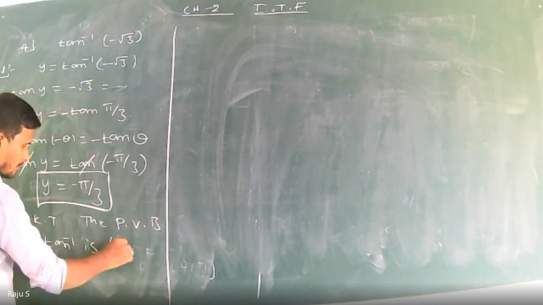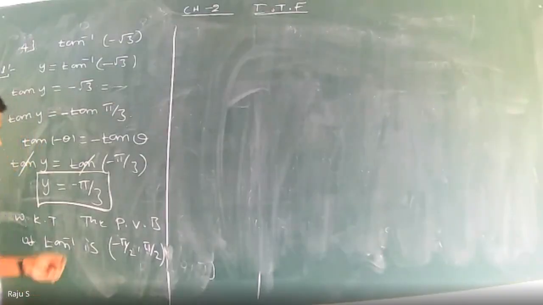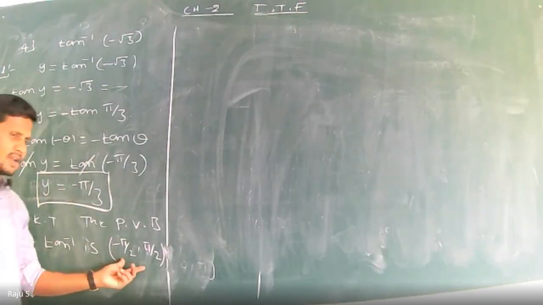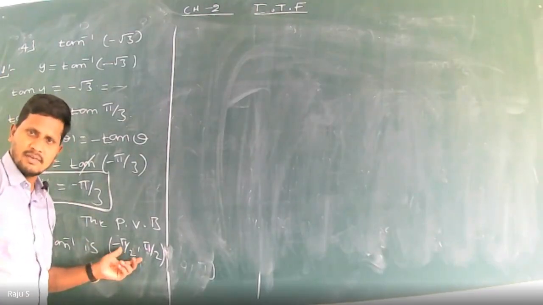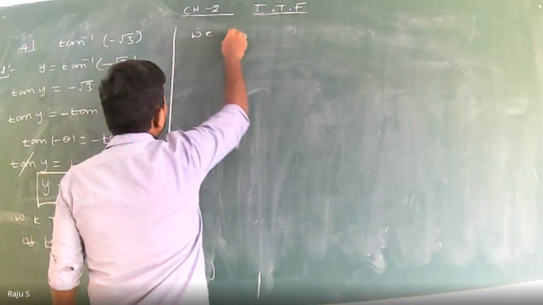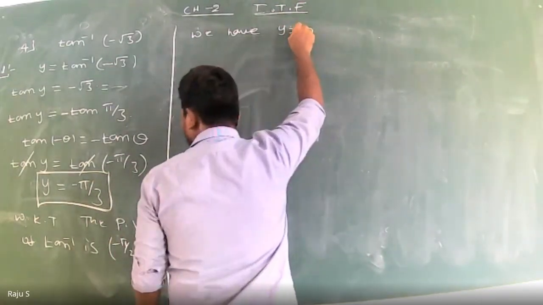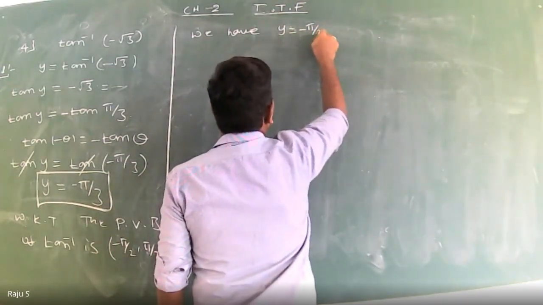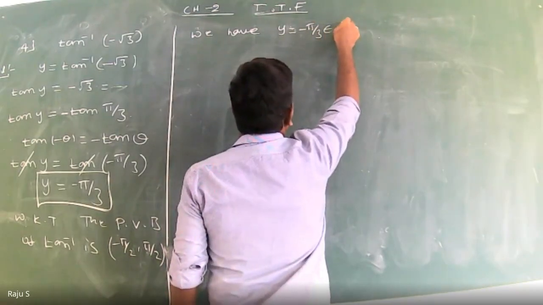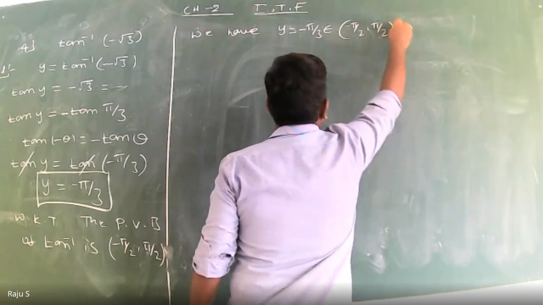Yes, minus pi by 2 to pi by 2, an open interval. Now, does this value belong to this interval or not? Clearly y is equal to minus pi by 3, which belongs to the open interval minus pi by 2 to pi by 2.